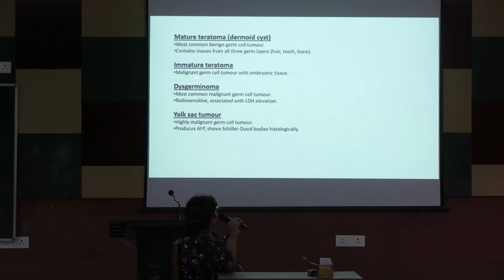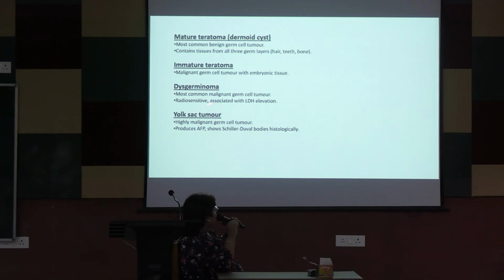Immature teratoma is a malignant germ cell tumor, and here you will find embryonic tissue components. So when you examine a teratoma, you have to search for these embryonic tissue components to say whether it is a mature teratoma or an immature teratoma. Dysgerminoma is the most common malignant germ cell tumor, and it is associated with elevated LDH, and it is the most radiosensitive ovarian tumor.